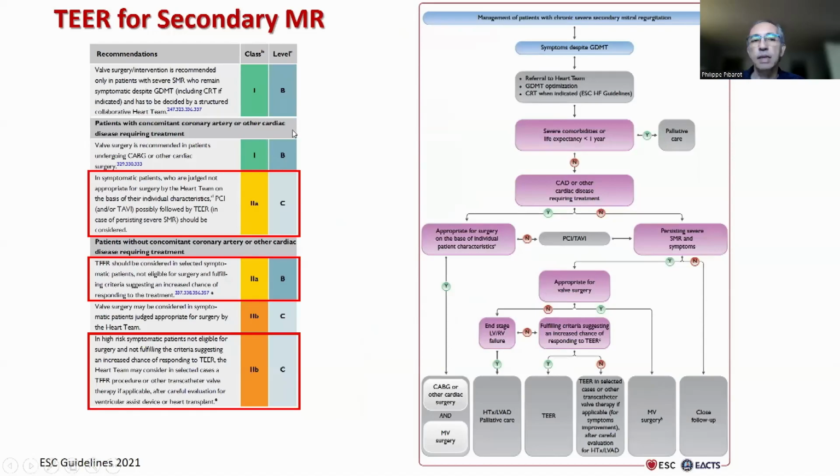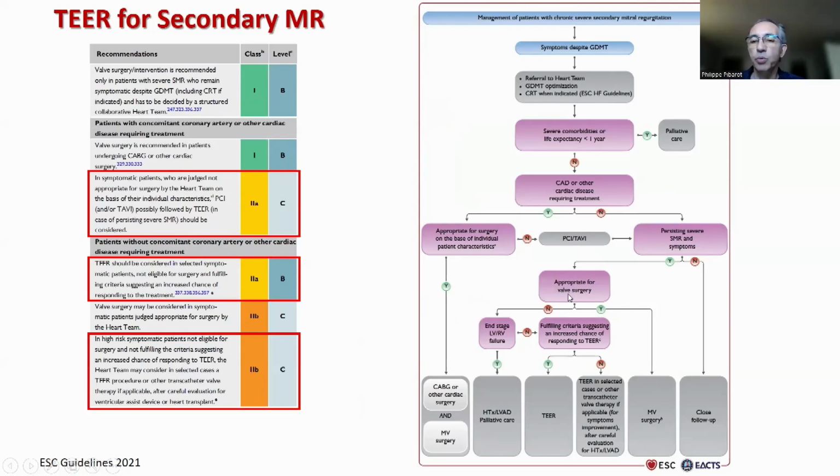So what are the guidelines for indication of TEER for secondary MR first? Well, first you need to have a chronic severe secondary MR with persistent symptoms.